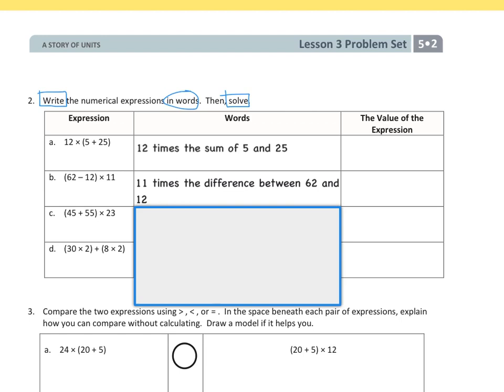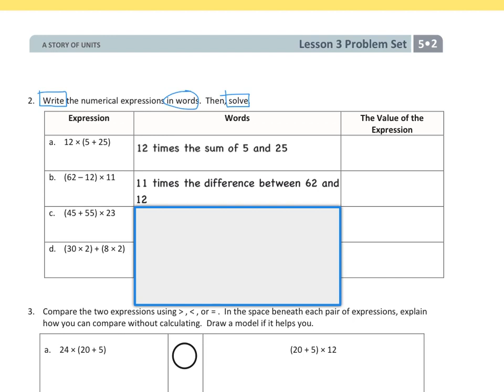Notice I did not use the word minus, and notice I did not use the word subtraction. I used the difference, because the difference means the answer to a subtraction problem. The subtraction problem is 62 minus 12. So when I do this, I will get an answer, and then I will multiply it by 11. So that is my numerical expression using words for 2b.